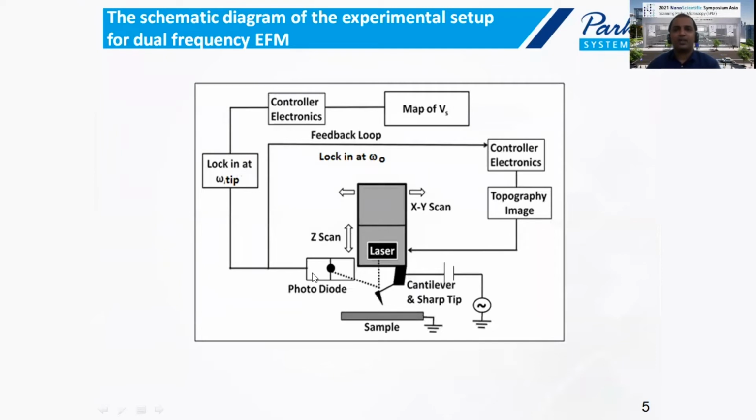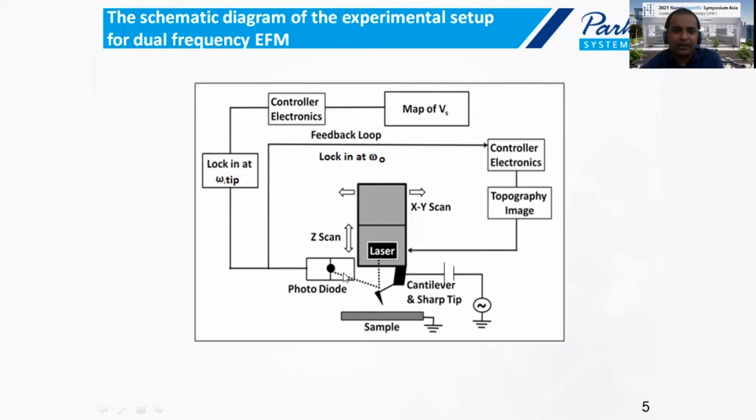This is a schematic diagram of the entire experimental setup for the single pass frequency EFM. Here we can clearly see that the first lock-in amplifier locks in at the cantilever resonant frequency omega naught, and this feedback loop then reveals the topography of your sample surface. Then we apply this AC voltage and this DC bias.